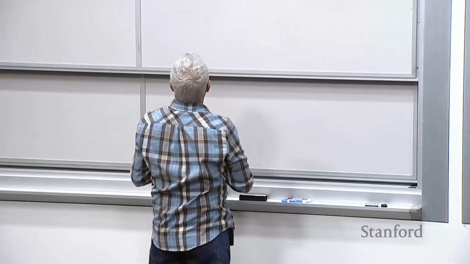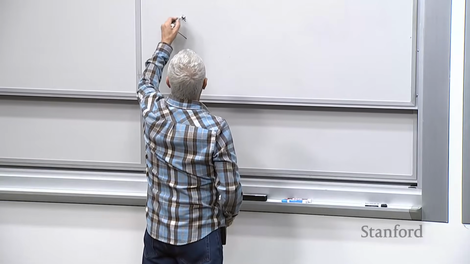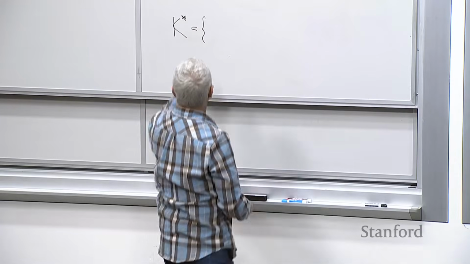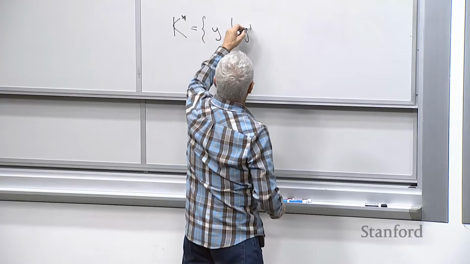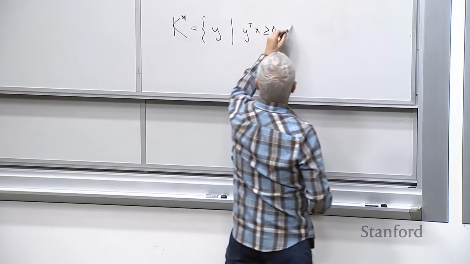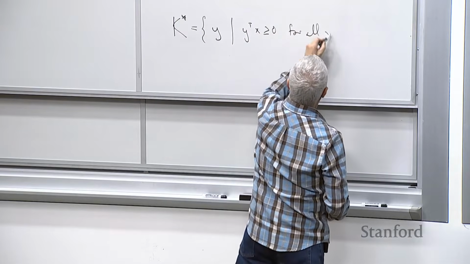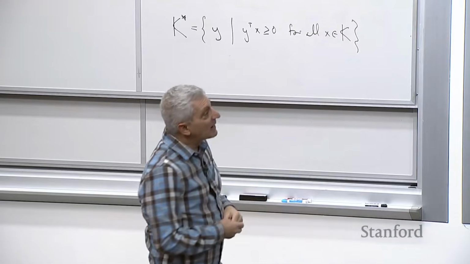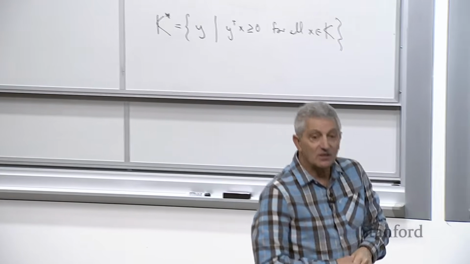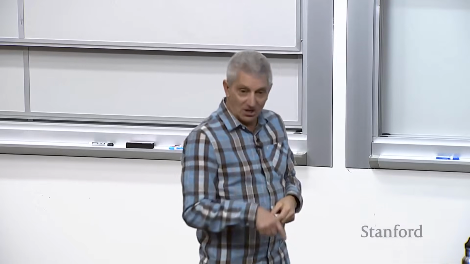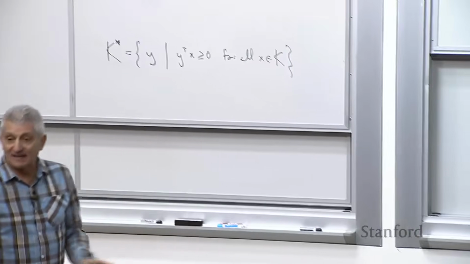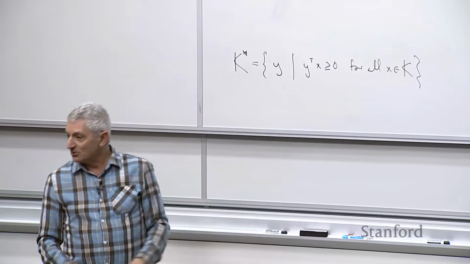We have K star equals the set of y such that y transpose x is greater than or equal to zero for all x in K. There you go. Okay? So it says you have to make a non-negative inner product with every element of the cone. Cool? Okay. So I'll just do a couple, and then we quit, and I let you go off and do this yourself. All right?